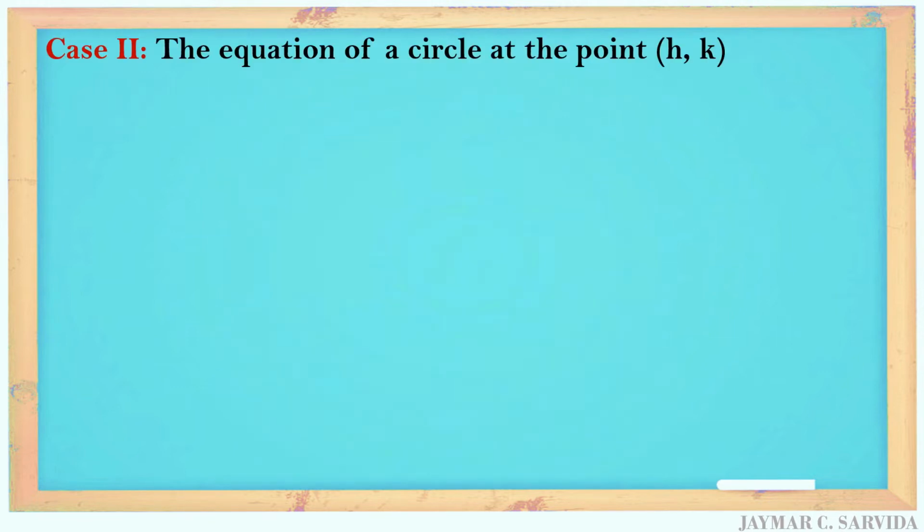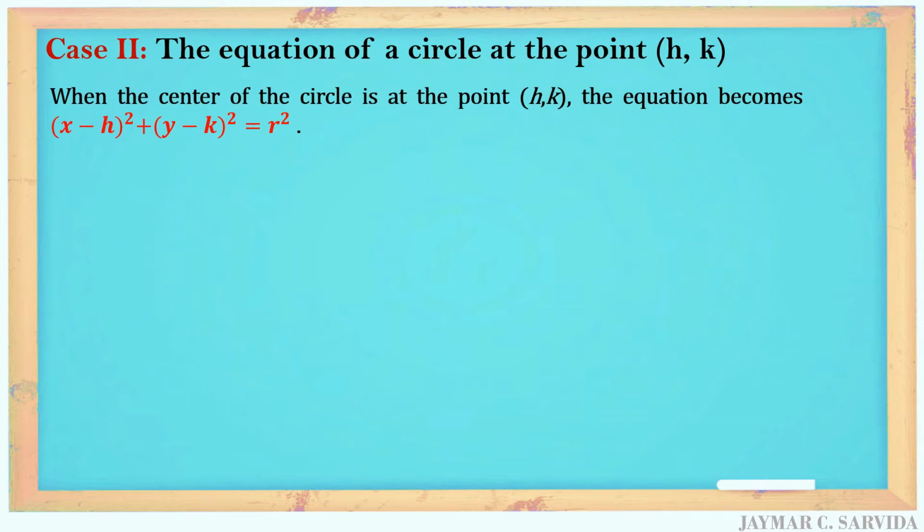Next, case 2, the equation of a circle with center at the point (h, k). When the center of the circle is at the point (h, k), the equation becomes (x - h)² + (y - k)² = r².